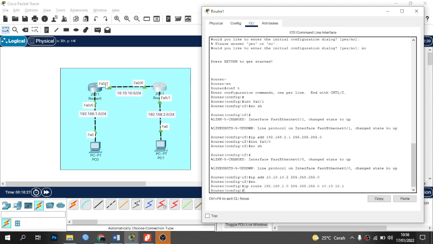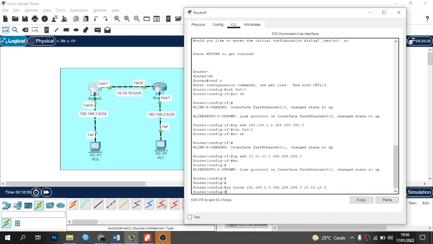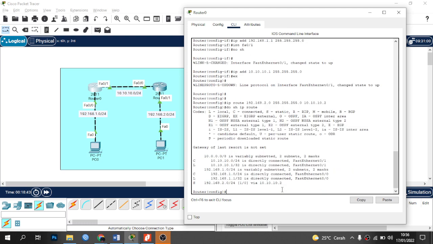There. Okay, now let's check the routing table. How? Enter the command do sh ip route. Okay, now you can see in router 0 there is a symbol S, and there is writing like this.